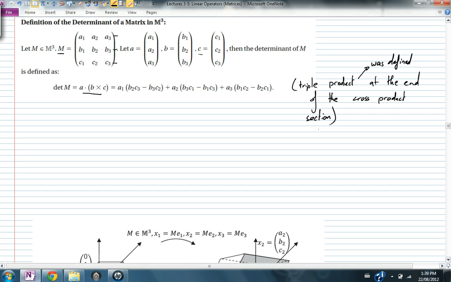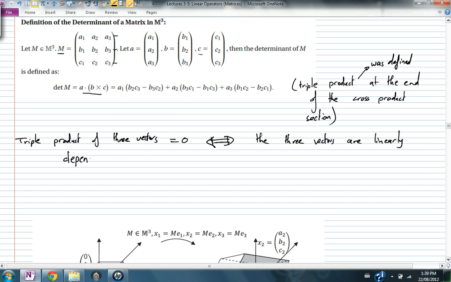From that section, the triple product of 3 vectors is equal to 0 if and only if the 3 vectors are linearly dependent.